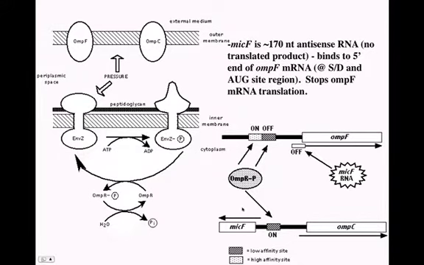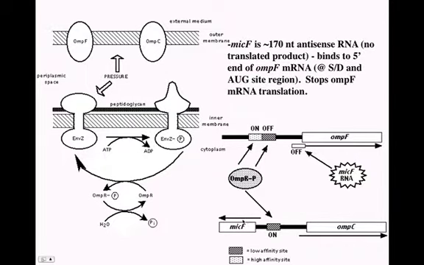What this MYC-F RNA does under these conditions is that it has complementarity to this site labeled as off on the OMP-F messenger RNA. That's a mouthful.